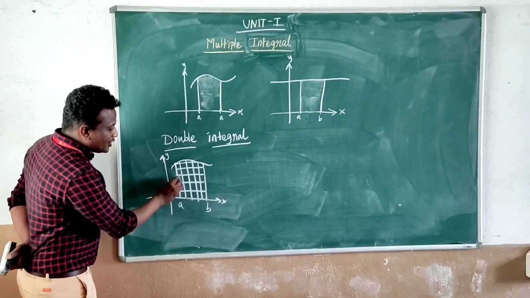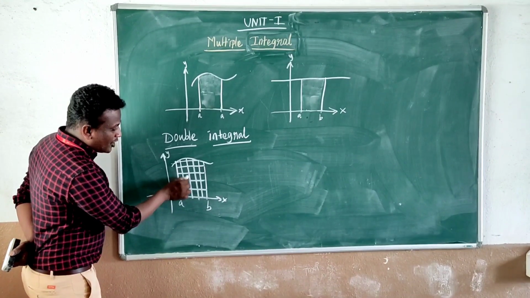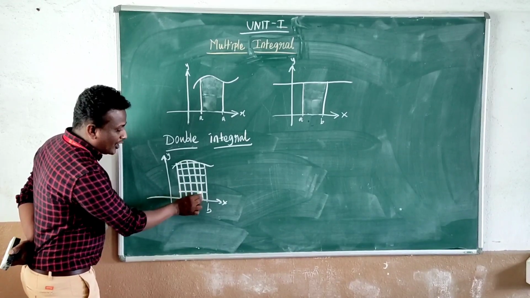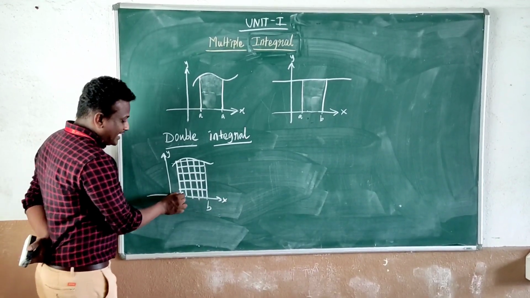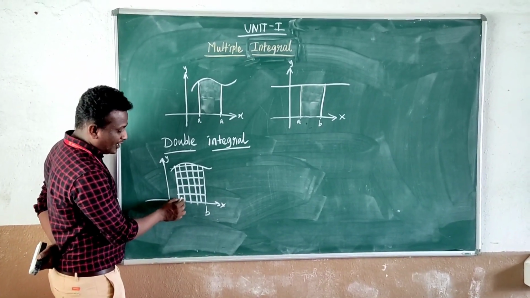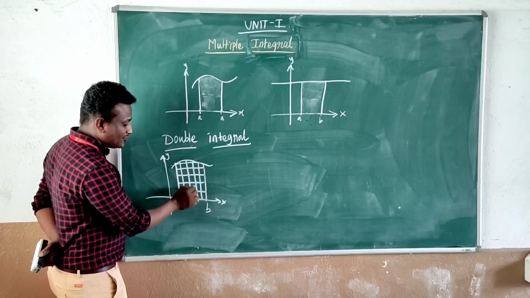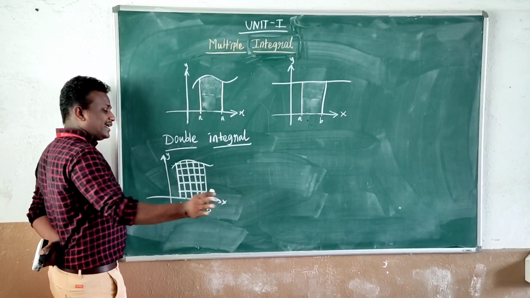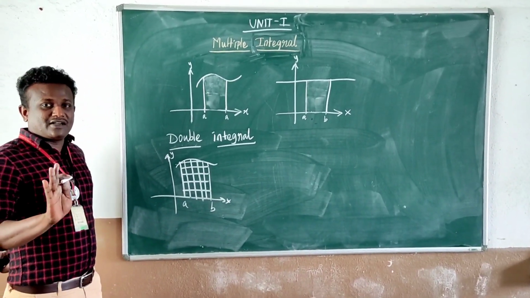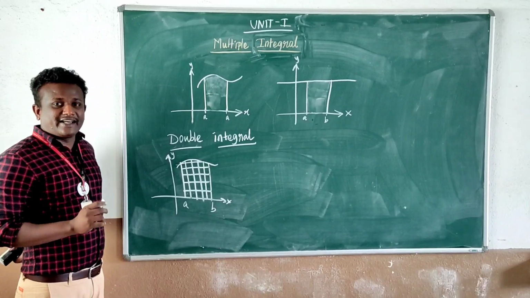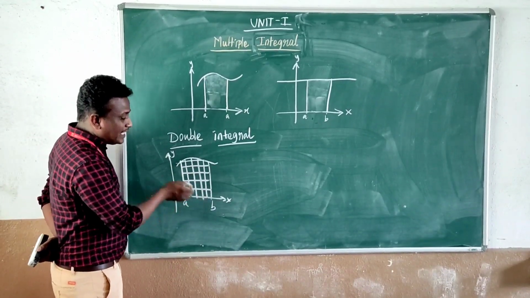Here you may see a number of rectangular particles. You can easily calculate the area for this particle by using the rectangular formula. Likewise, all these regions you can easily calculate by using the rectangular formula, because all these regions have equal space.